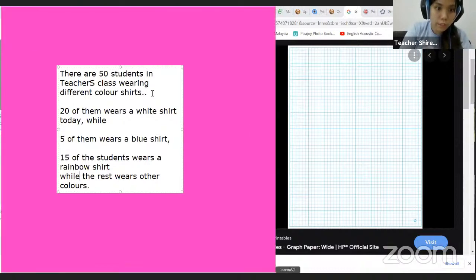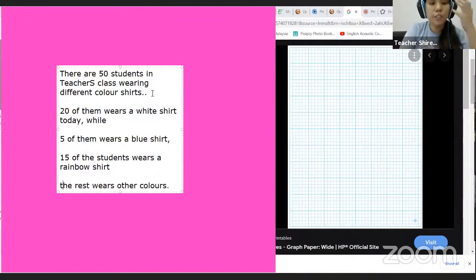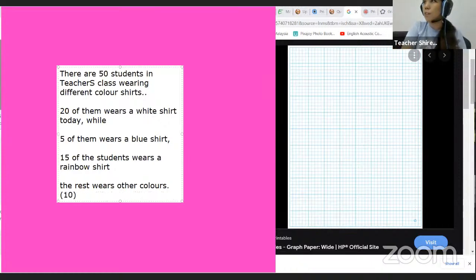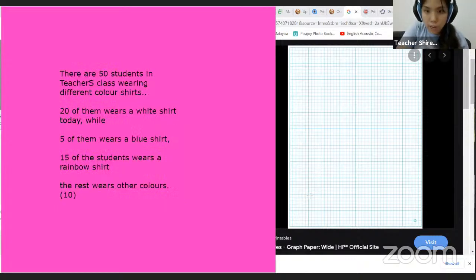So the rest, first thing you have to find out, so you know is 50 minus 20 minus 15 minus 5. So you count by yourself, you get to know this is 10. So you want to draw the line graph. Okay, you need the x and the y axis first.